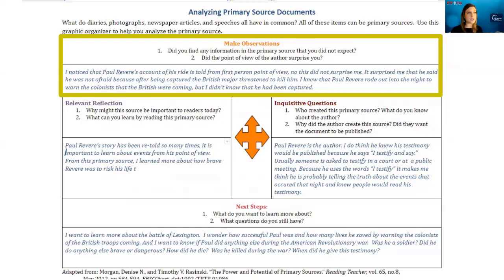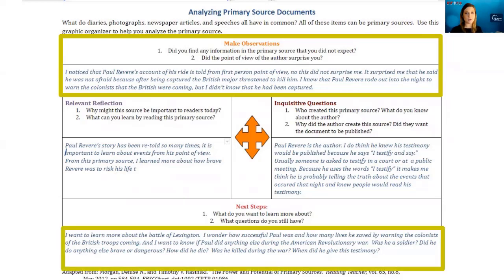As the student continues to evaluate the primary source, we see that the process of evaluating the primary source leads to more questions, and the student has listed those questions here at the bottom. And this really highlights the cyclical nature of inquiry. As a student evaluates information and locates information, it inevitably raises more questions.